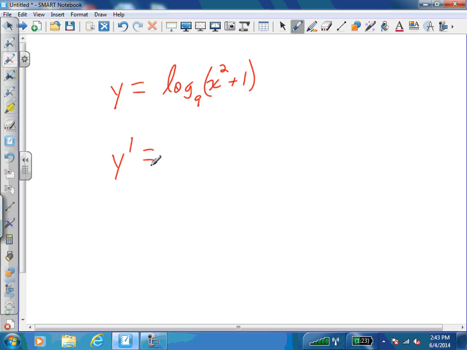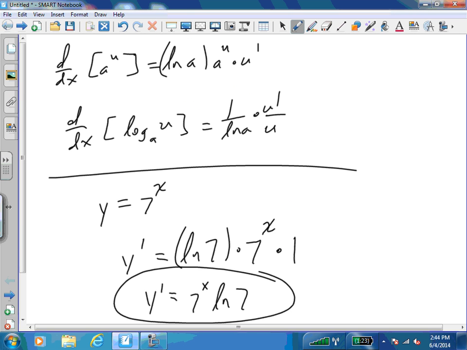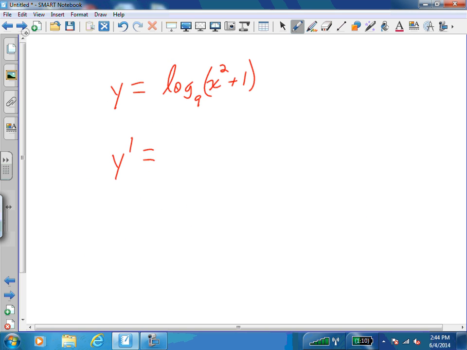The derivative of that, remember, for the derivative of log, it's 1 over natural log of the base, then u prime over u. So it's 1 over natural log of our base, and what's our base? 9.